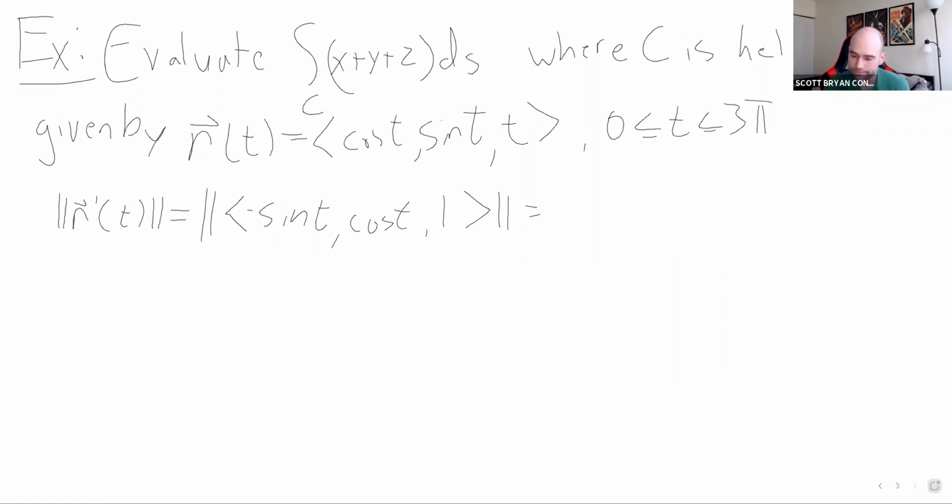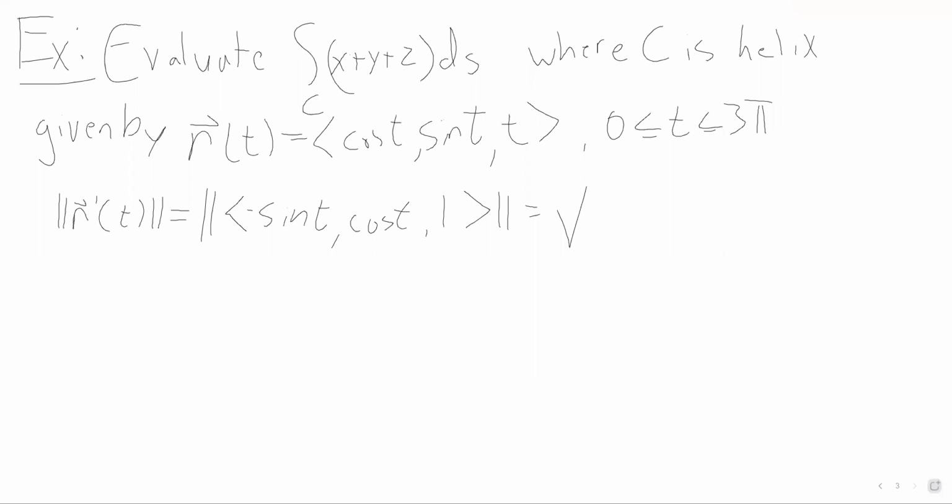And we take the magnitude. So what's the magnitude? It's the square root of the sum of the components squared. What is the magnitude of negative sine t, cos t, 1? Is it square root of 2?